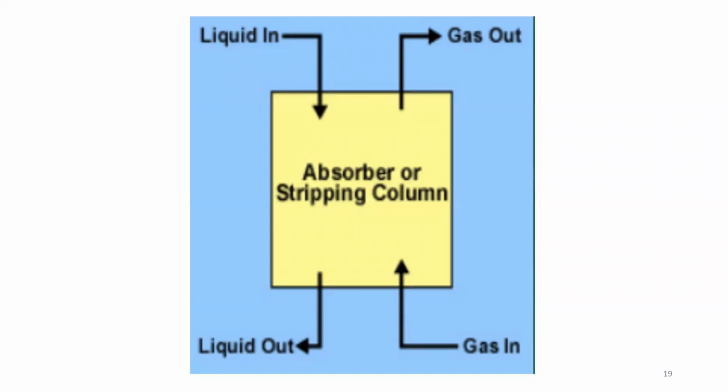The clean gas is separated out from the top portion, and the liquid out contains the solvent plus the pollutant or the solute which is soluble. So in this way, a gas component which can be a pollutant and the clean gas can be separated out. So we can control the air pollutants or air pollution.